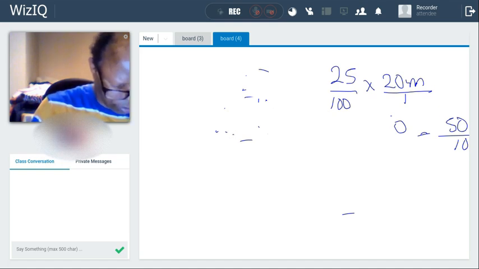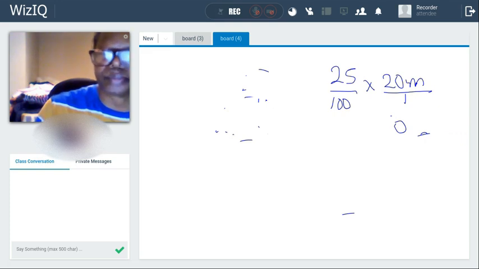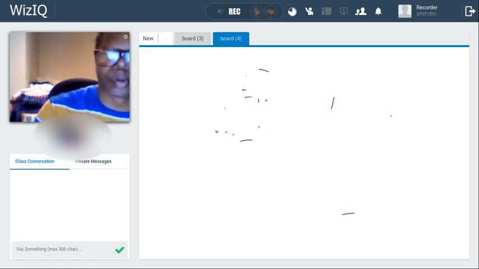So it's 10 over 100 times 2.5 over 1, which equals 10 times 2.5 over 100 times 1, which is equal to 25 over 100, which is 25 pence.